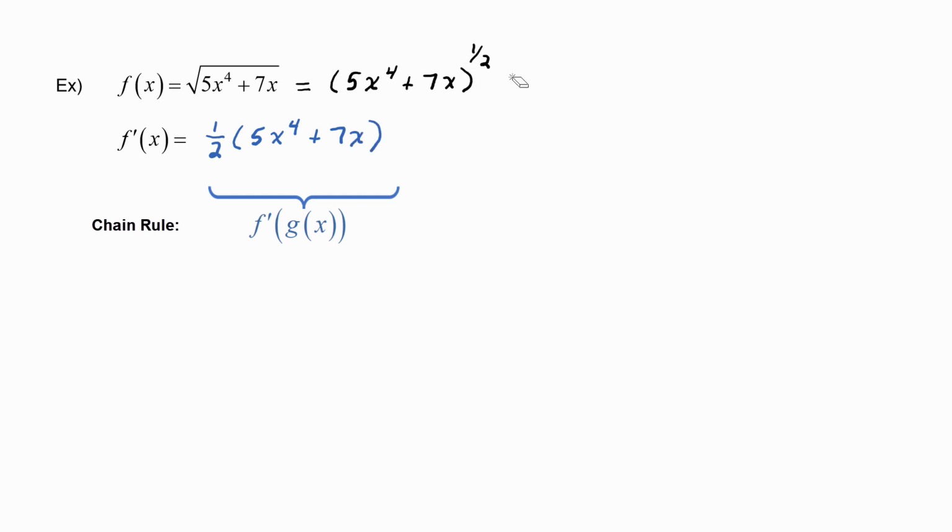And then we subtract 1 from the exponent. It becomes -1/2. And then the chain rule tells us that we have to take it times the derivative of our stuff, g prime of x. So that's going to be 20x cubed plus 7.